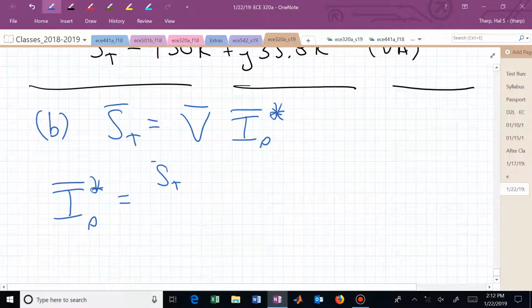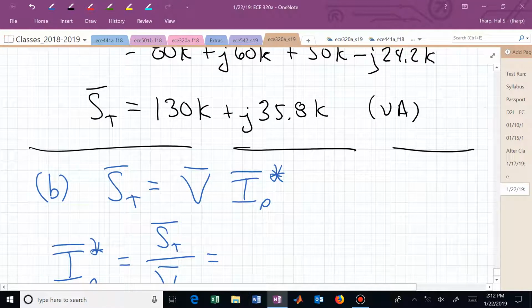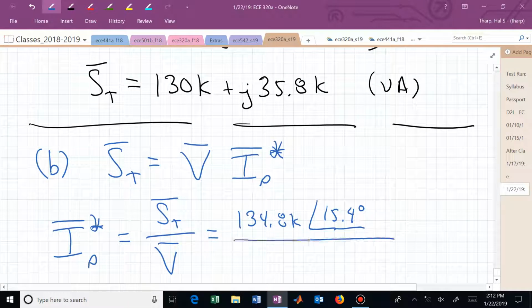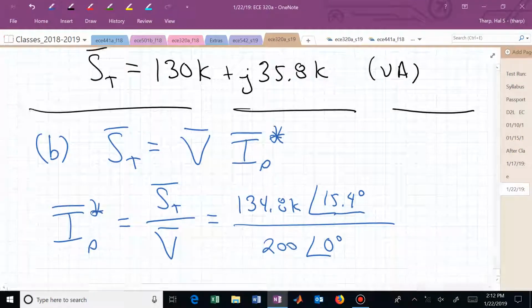That's now S sub T divided by V. Since we're taking the ratio, we might as well find the polar form of that rectangular complex power. This now is going to be 134.8K at a positive angle of 15.4 degrees, since Q was positive in the total complex power, all divided by 200 at 0 degrees.